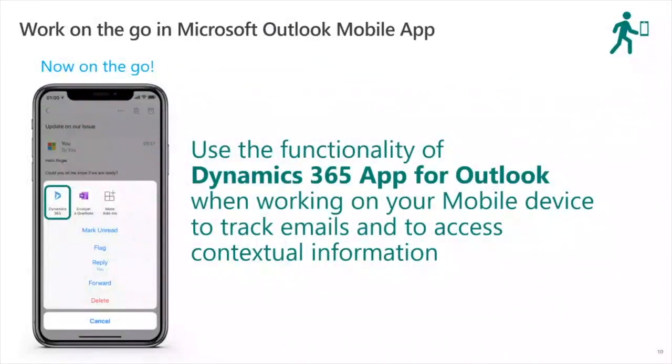So when you are on your smartphone, be it iOS or Android, when you're on an email in the Outlook mobile app, you can trigger the Dynamics 365 app and then access the same context and capabilities as you have on the desktop or on Outlook web access.